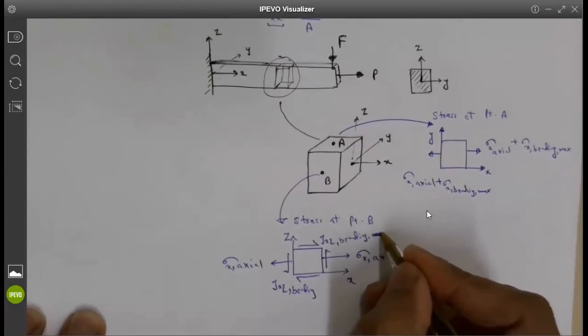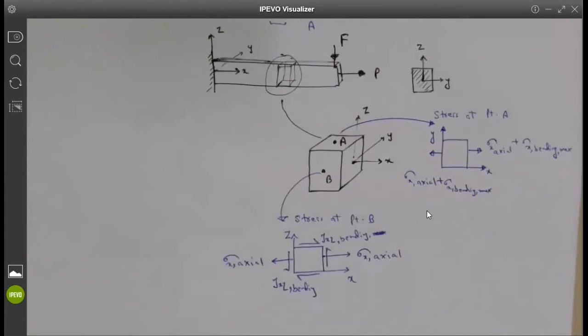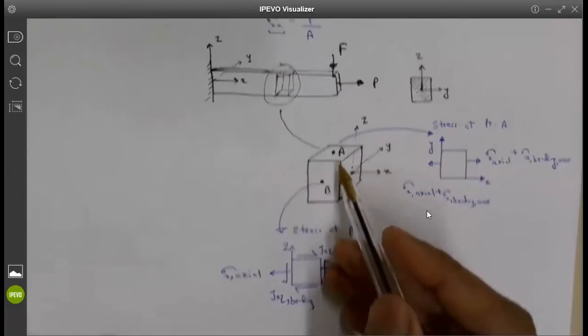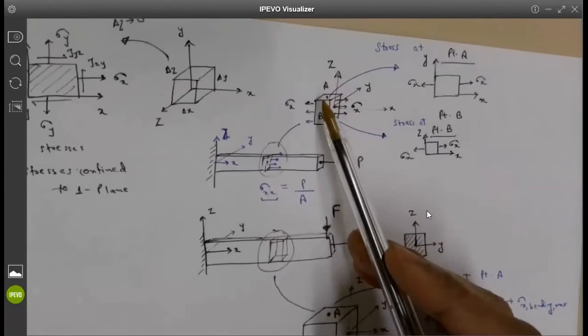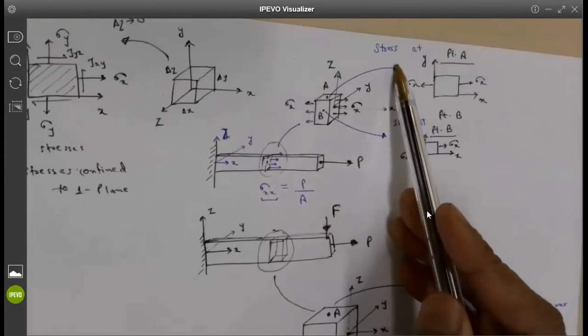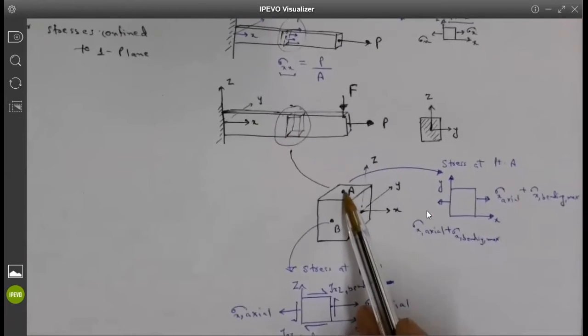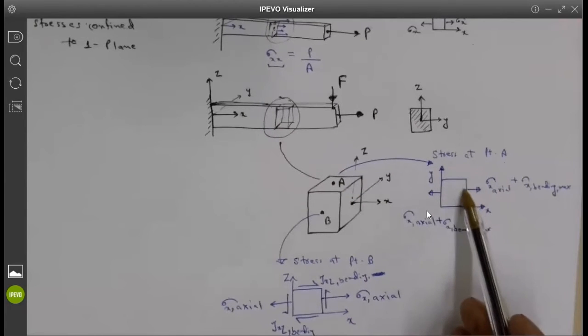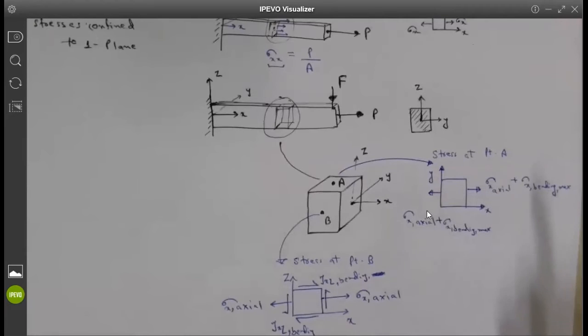I'm basically doing the same thing here: just like I represented the stress at point A like this, similarly I'm doing the stress at point A like this. But here I found that I have got only sigma x, and there are two contributors now.